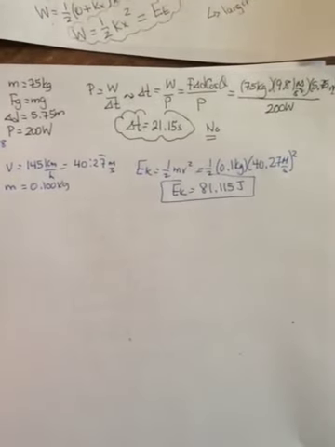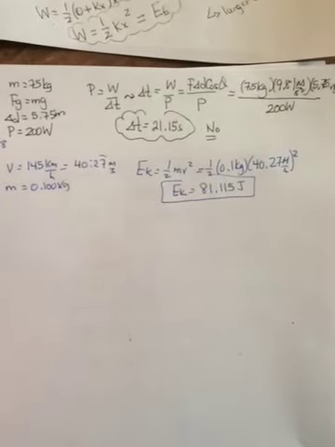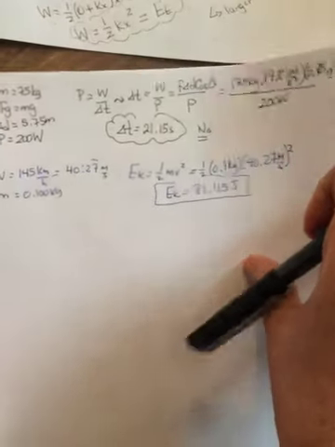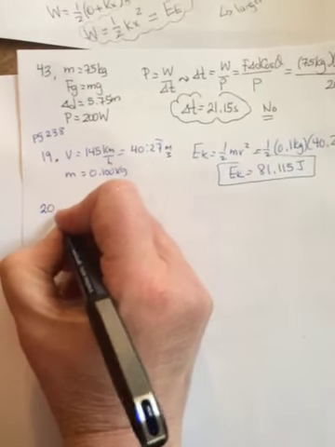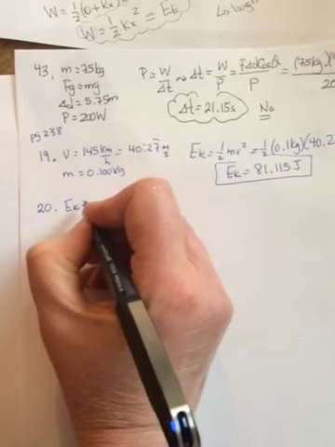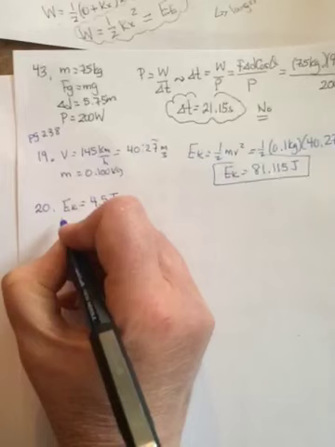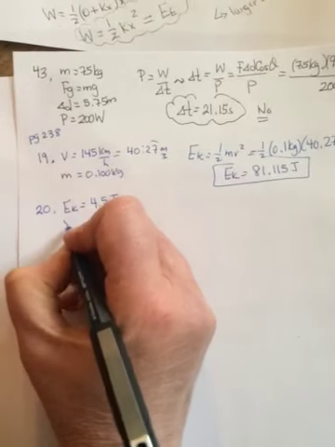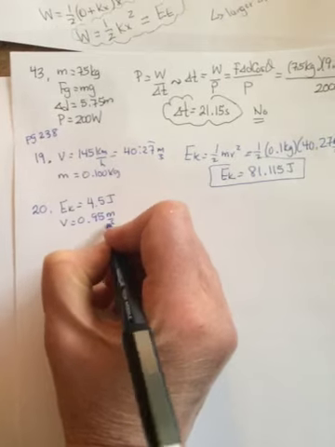Number 20, a bowling ball traveling 0.95 meters per second has 4.5 joules of kinetic energy. What is its mass? So this time it's giving you the kinetic energy. It says it has 4.5 joules. And it's giving you its velocity, 0.95 meters per second, and it's asking you to find mass.